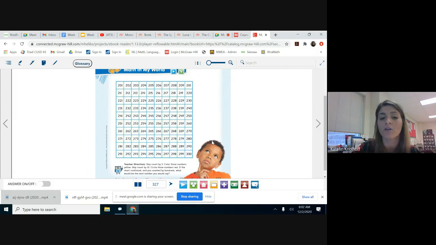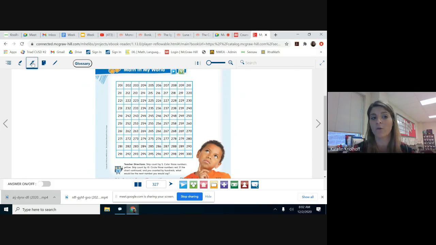So we're going to start here, and our instructions say skip count by 5 and color those numbers yellow. So I want you to get your yellow crayon ready. I'm going to have to use orange because that's all I have. And we're going to skip count by 5s, okay?